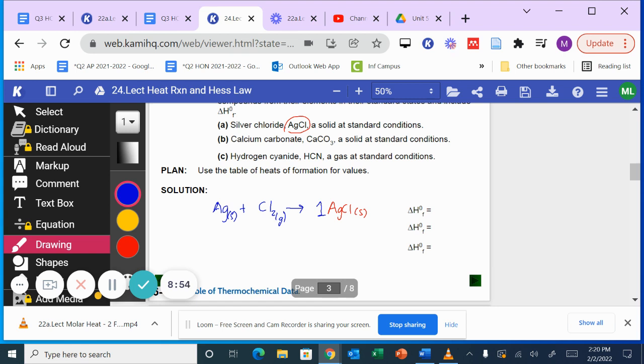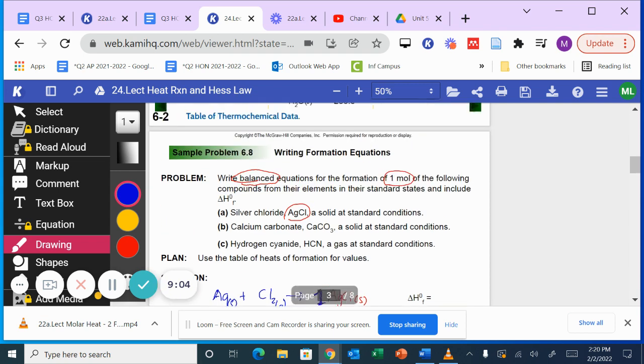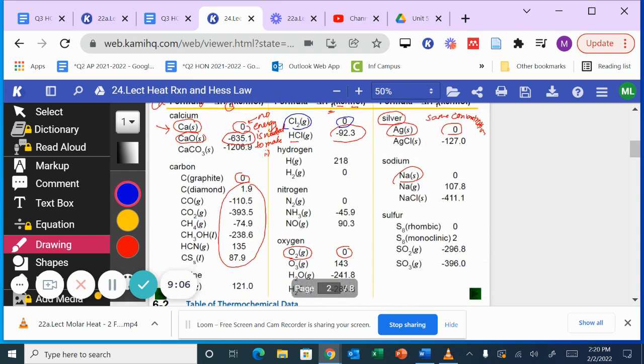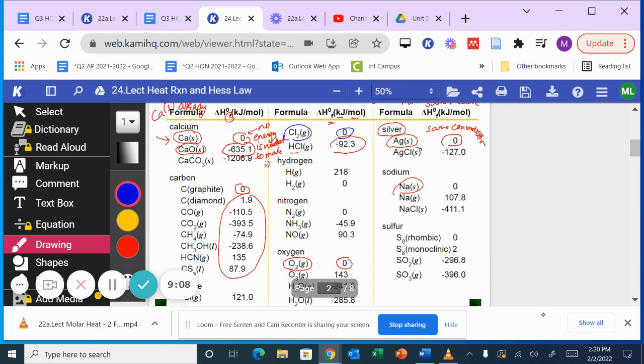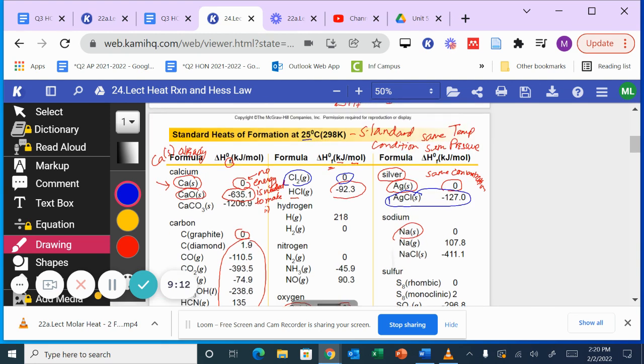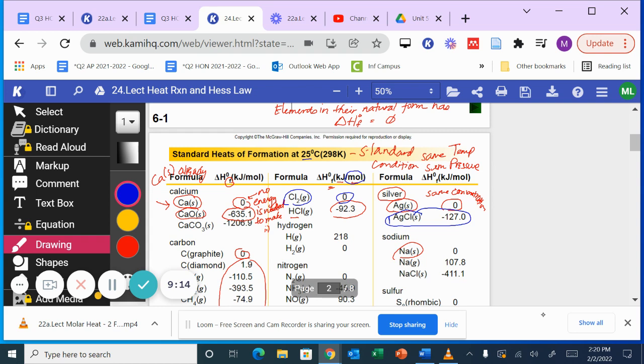Okay. Now, to balance this, it looks like this has to be 1, to form this one as AgCl solid, here's the energy I get. I give off this much energy if I make that 1 mole of it, because this is only for every mole, kilojoules for every 1 mole.